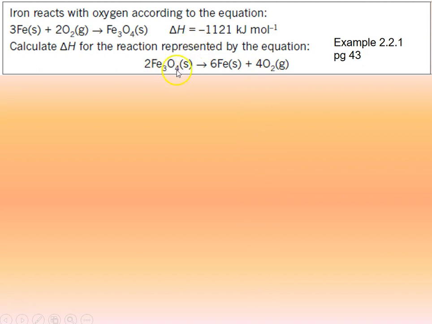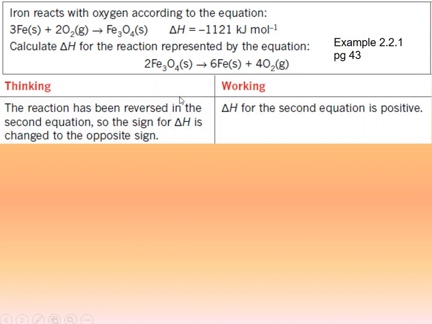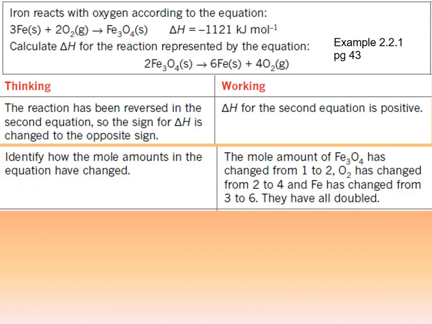So in this case, what do you do when you reverse it? And it's also twice the amount. So what do you do when it's doubled? The reaction has been reversed, so the sign changes. So the change in H is going to be positive. You work out how many moles are in the equation.